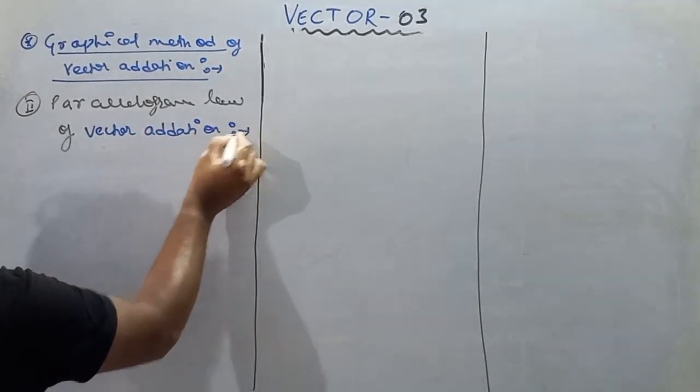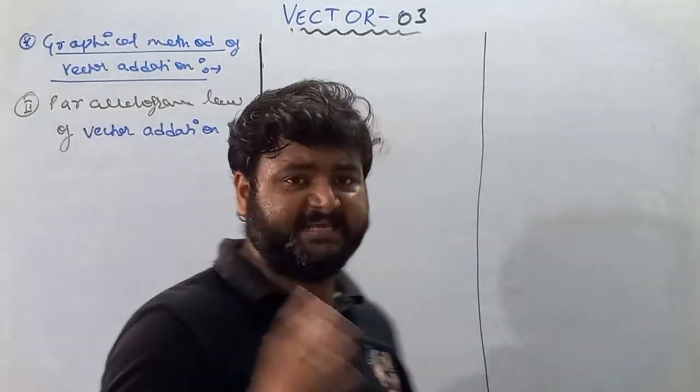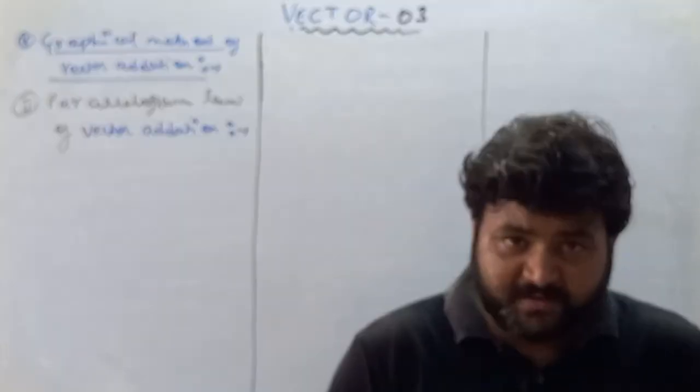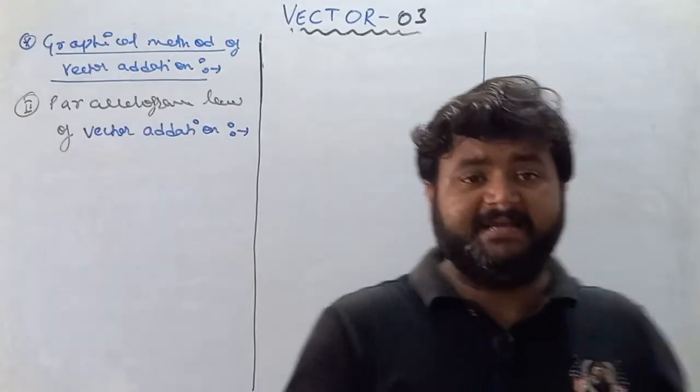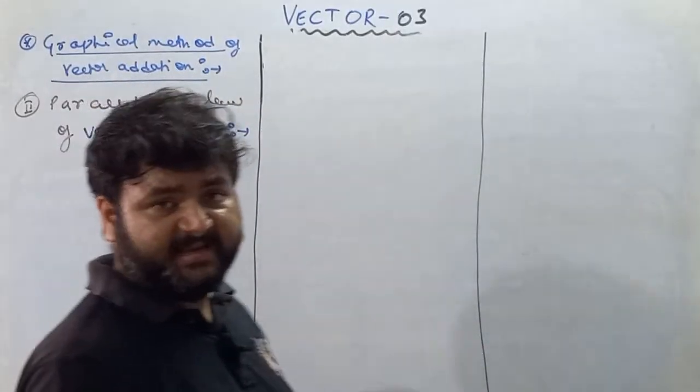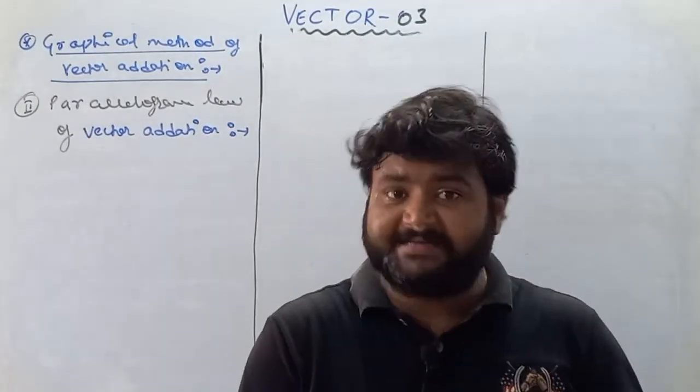So what actually is the parallelogram law of vector addition? See, in triangle law we join two vectors. Similarly, in parallelogram law as well, we will add two vectors only.